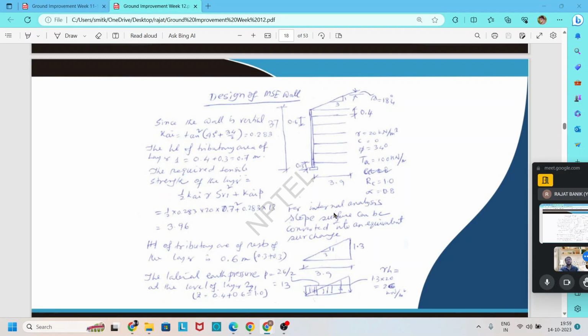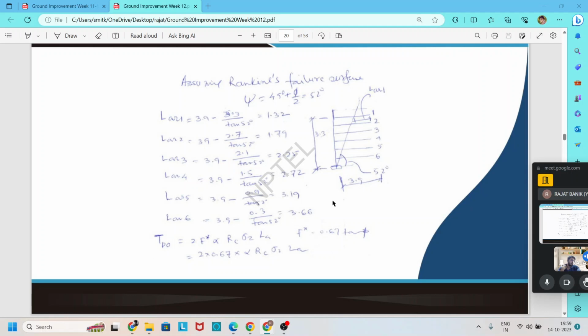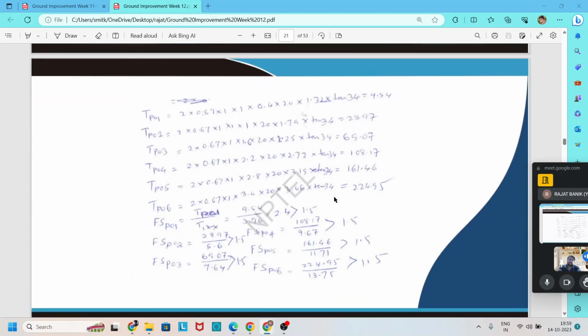First we find it based on the active earth pressure coefficient, and it also depends on the vertical pressure. Then we find the layer by layer tensile force and the maximum pull-out resistance of this geosynthetic material, and we check whether it is safe or not by finding the factor of safety.